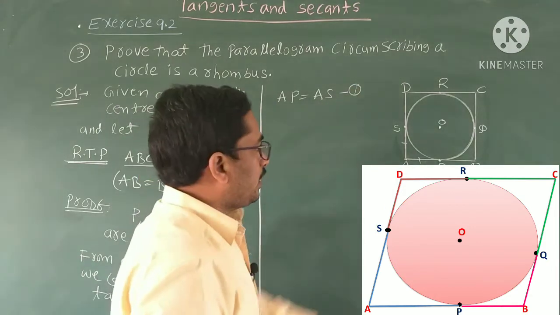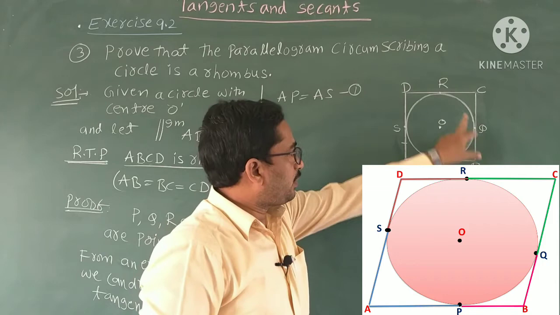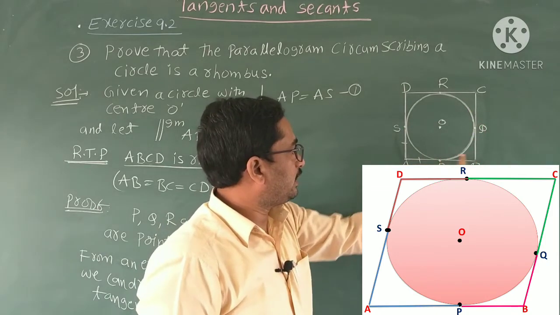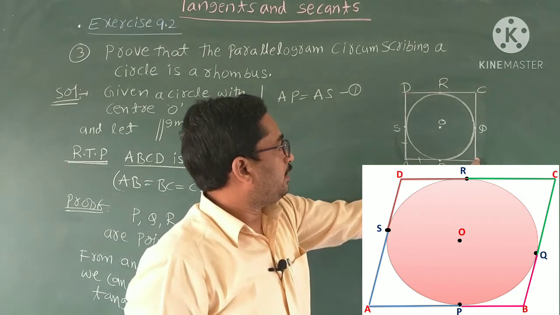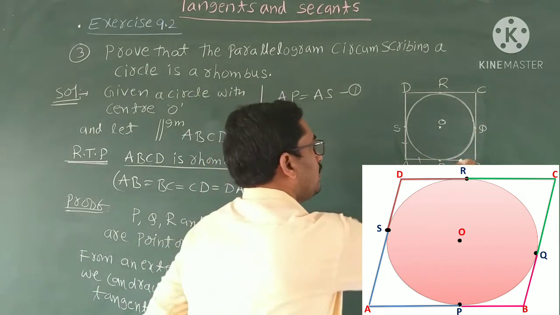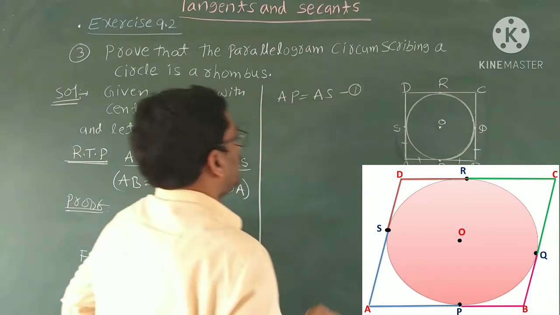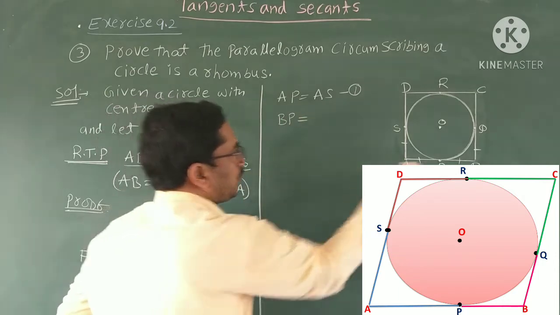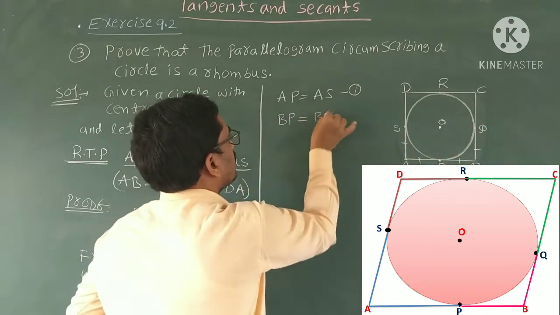Similarly, observe here B is also an external point to the circle. From this external point we can draw two equal tangents, BP and BQ. So write BP equal to BQ, equation number 2.